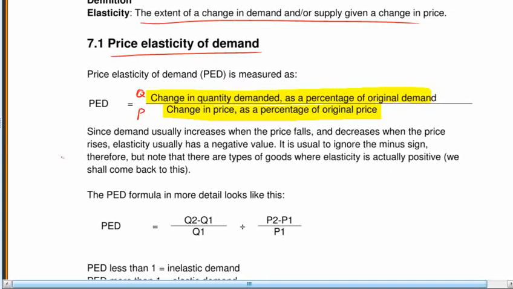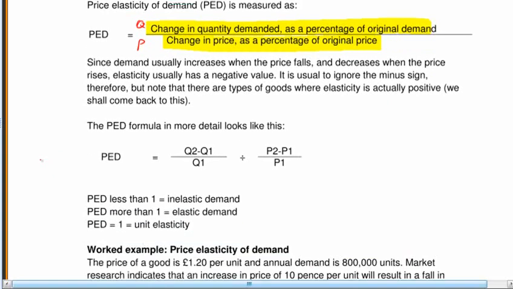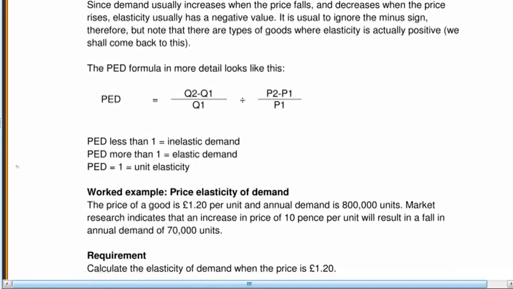How do you measure the percentage change? Well, you take the new quantity minus the old quantity divided by the old quantity. So that gives you the percentage change in quantity, and divide that by new price minus old price divided by old price. So the percentage change in price.